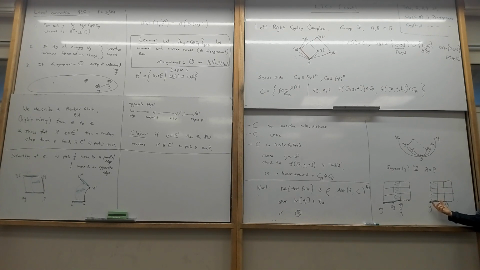So what does that mean? Can they disagree on only one square, for example? No, they must disagree on a fraction of squares that corresponds to the distance of CB, because these are two different code words in CB. That's the meaning of distance. So they disagree on some delta fraction.